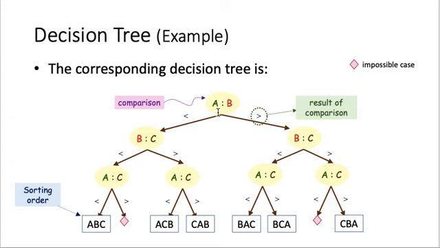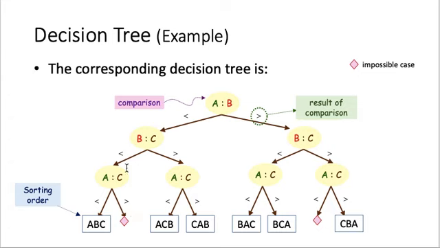So in that case, after doing some calculation, we will find out that there is only one possible sorting order, BAC, that could correspond to the sequence of results here. And then if you look at this one, it says A is less than B, and then B is less than C, but A is greater than C, and then we find that it is impossible.